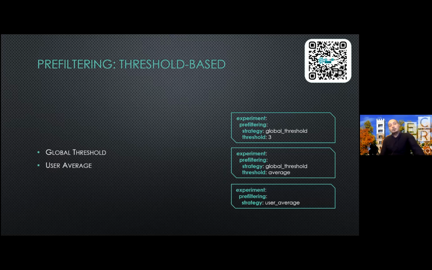But also you can make Elliot compute this threshold as the average of the overall dataset. And also you can ask Elliot, in the third example on the right, to compute the average on a user basis, and then use this personalized threshold to filter out the non-relevant transactions.